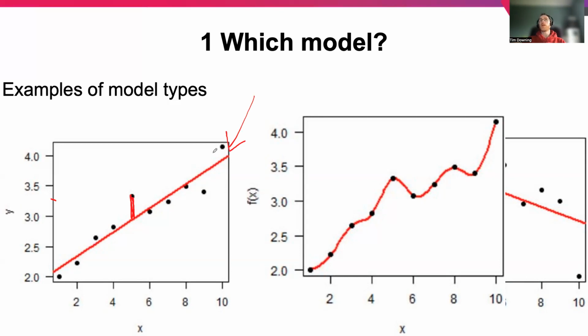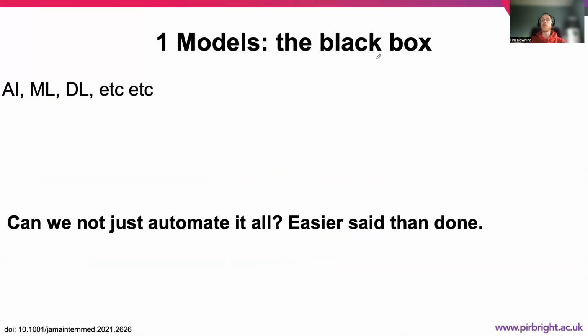So we have to consider that we want a model that we can understand, and that's the danger of using black-box approaches. We think, oh, can we just automate everything? But in reality, it's not that simple. There are different approaches that can be used. But in the context of biology, often what we want to know is how are they correlated and why are they correlated?